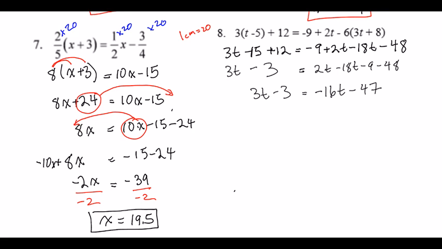Now we're going to isolate for t on the left side of the equation. So you'll notice I have a 3 on this side. For now, I'm going to circle it. Eventually, you're going to get better at this. We're going to move 3 to the end of the line on the other side, and we get negative 16t minus 47 plus 3, and we have 3t left on the other side.